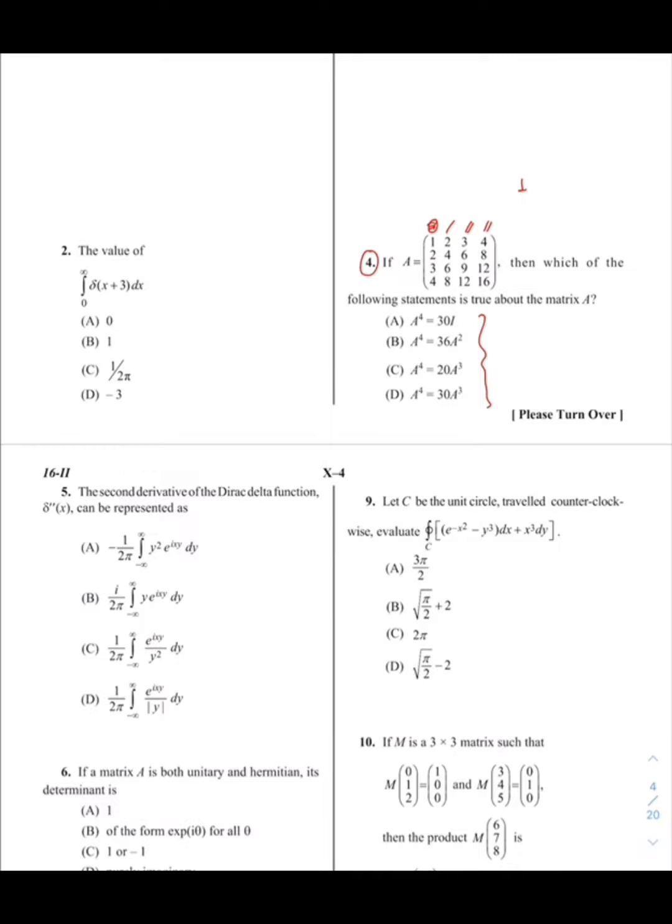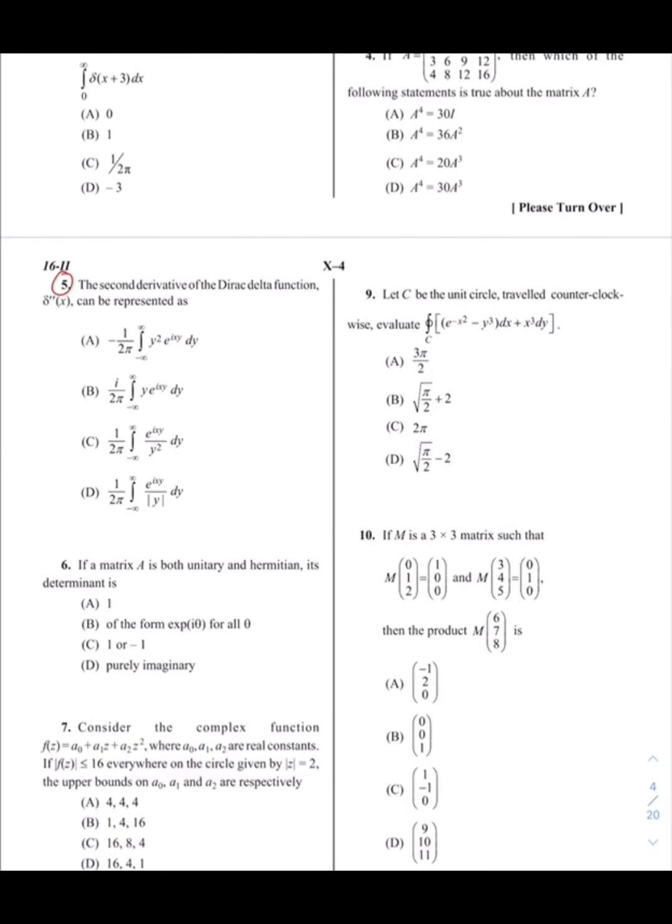The other 3 are 0. So the eigenvalues are 0, 0, 0 and lambda. To find the value of lambda, we find the trace of this matrix, which is equal to 1 plus 4 plus 9 plus 16, which is equal to 30. So the eigenvalues of this matrix must satisfy an equation that looks like this. So the matrix A itself must satisfy this. So we found A to the power 4 is equal to 30 A cube. So option D is the correct answer.